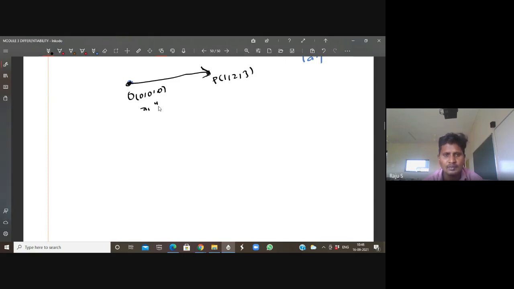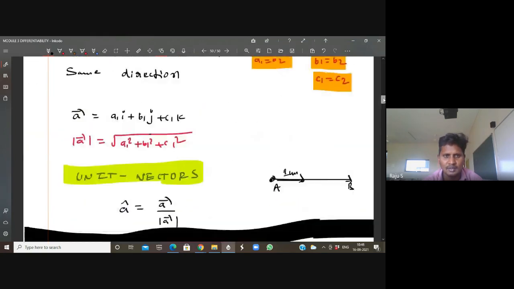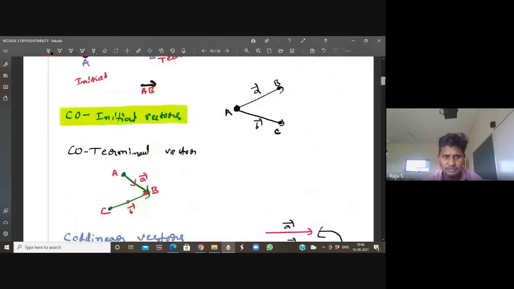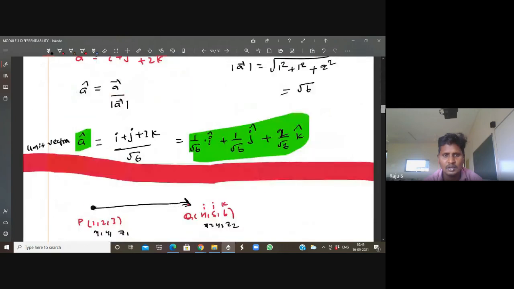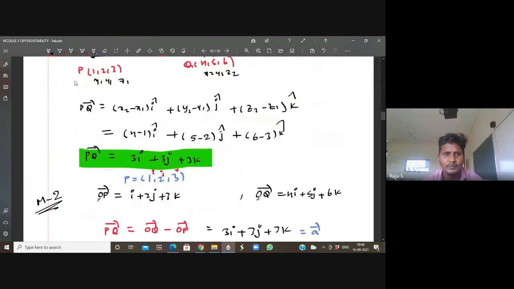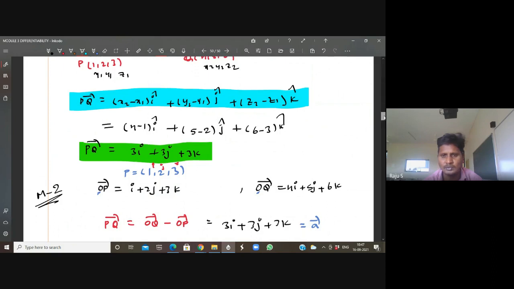Now this is x1, y1, z1. This is x2, y2, z2. Just now I have written one formula, x2 minus x1. When they have given two points, this formula you have to use: x2 minus x1 into I, y2 minus y1 into J, and so on.